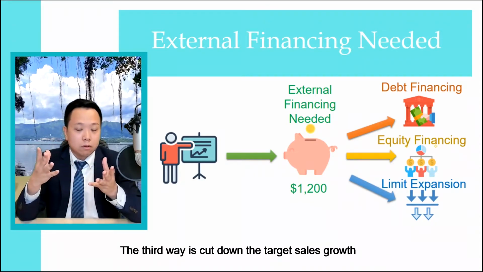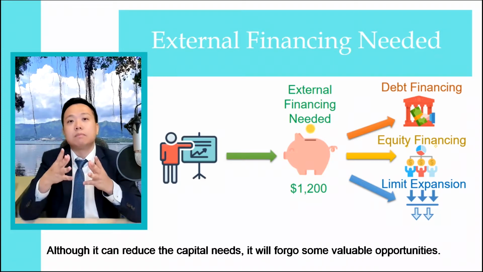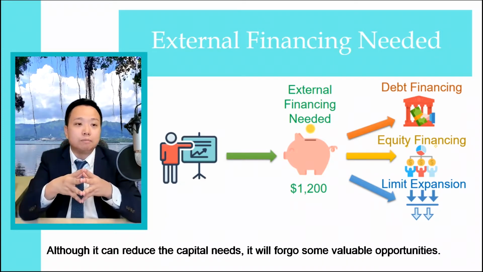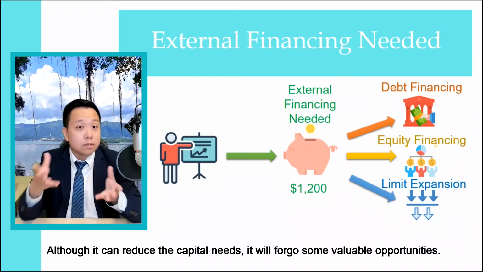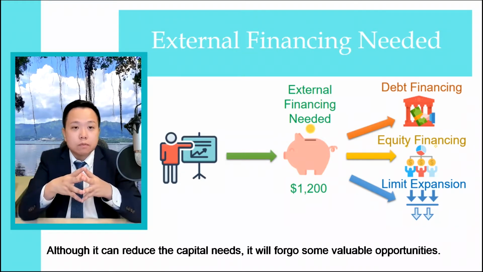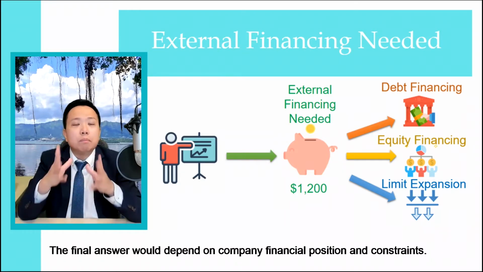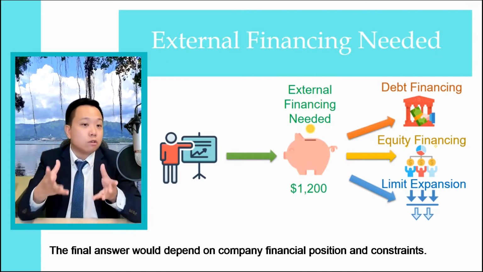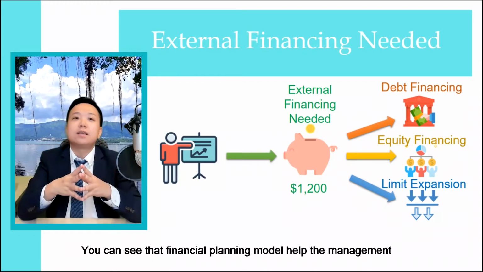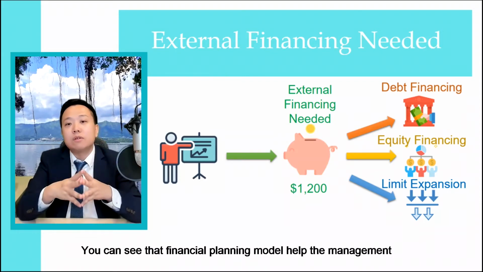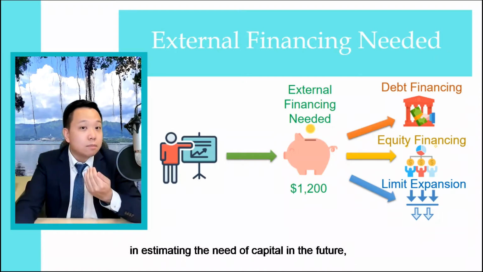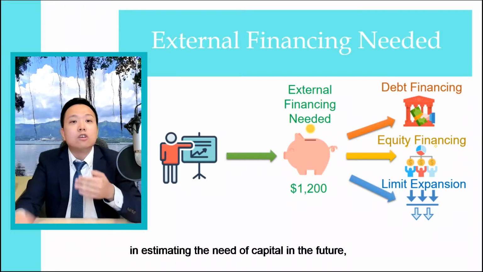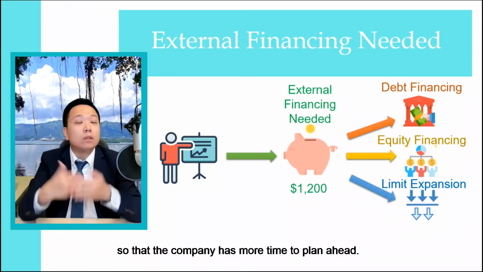Although it can reduce the capital needs, the company will then lose some valuable opportunities. So the final answer depends on the company's financial position and its constraints. Now you can see that the financial planning model can help management estimate the need for capital in the future, so that the company has more time to plan ahead.